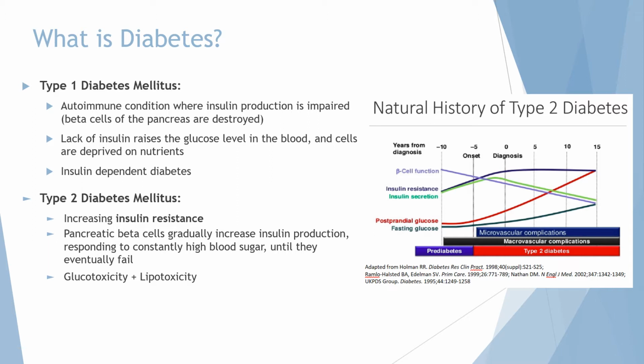Eventually, they reach the peak limit of their function, and even the pancreatic beta cells eventually fail due to overwork. Type 2 diabetes is known as insulin-independent diabetes, but upon failure of the pancreatic beta cells, it too becomes insulin-dependent.